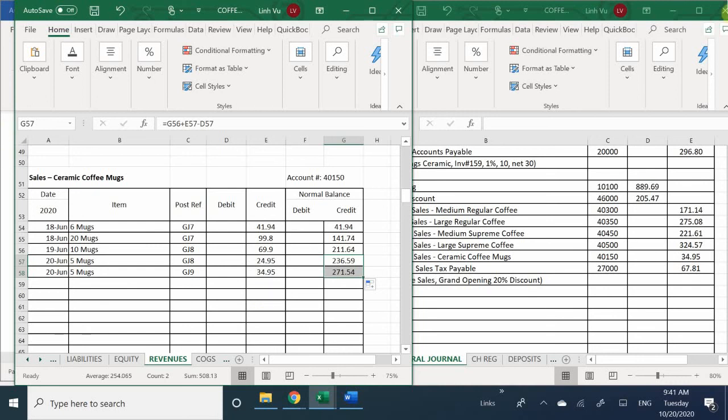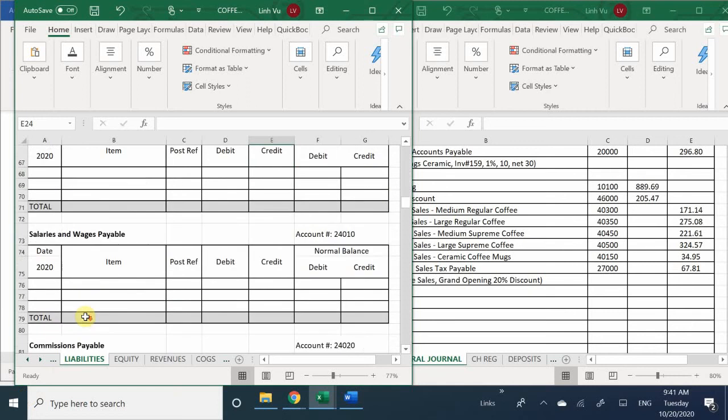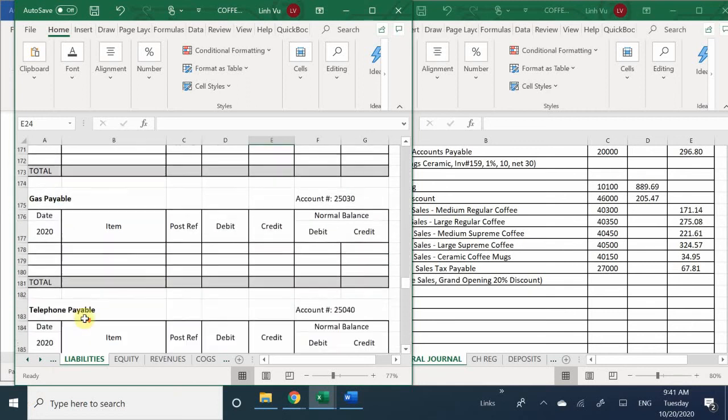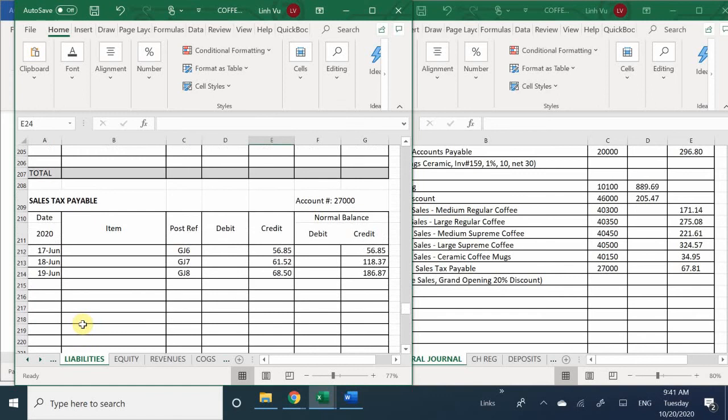All right, last thing that we're going to do is update our sales tax. So here's sales tax payable. And how much was my sales tax payable? 34.95?